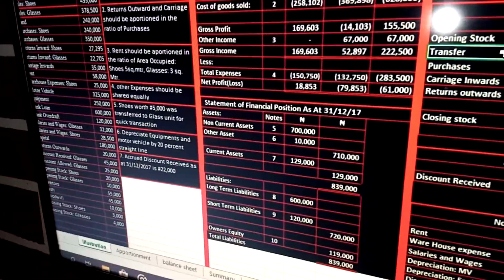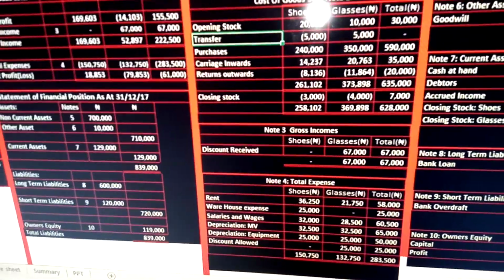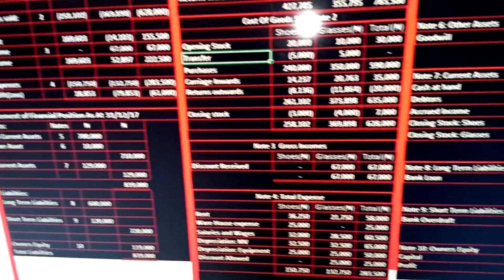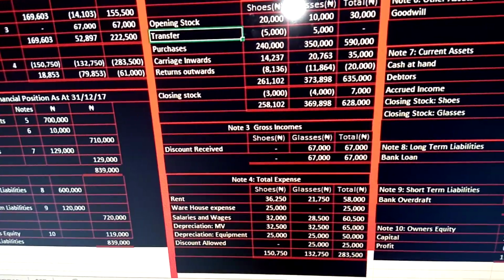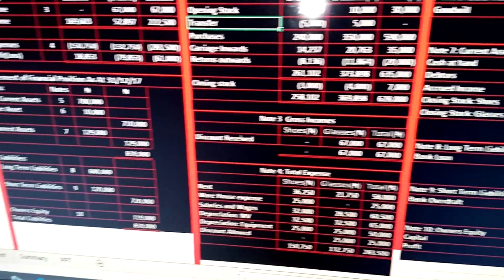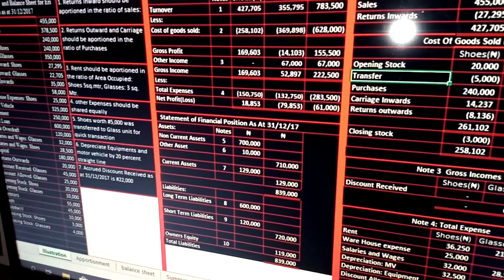The next one, depreciation. They said depreciate equipment and motor vehicle by 20% straight line. So what is our motor vehicle in the question? 325,000. So what's 20% of 325,000? 65,000. And then they said other expenses should be shared equally.